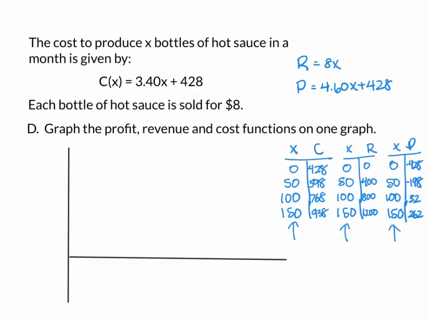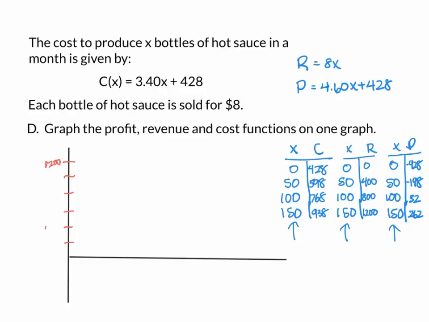And if I look at my functions, let's graph my revenue function first. I'm going to graph my revenue in red. So my revenue function, it looks like we're going from 0 up to 1200. So let's make each tick mark here be 200. So this is going to be 1200.